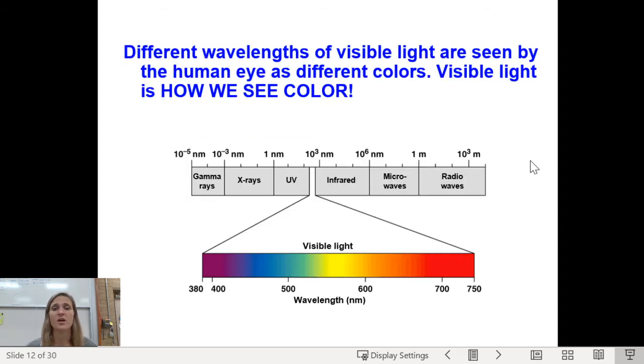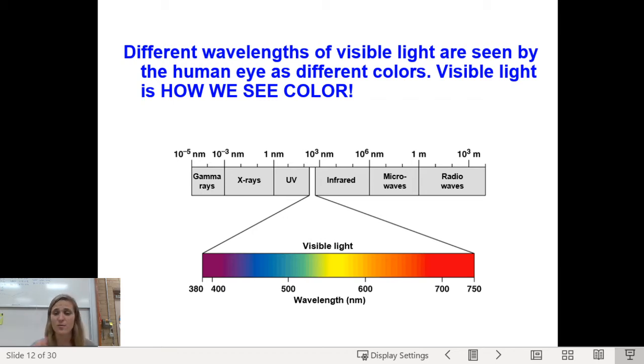Again, this is a picture of that wave spectrum, and you need this concept here. Different wavelengths of visible light are seen by the human eye as different colors. Visible light is how we see color. There's a question on your exam that says what range of waves on the electromagnetic spectrum do we see?